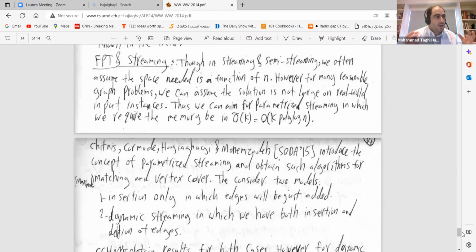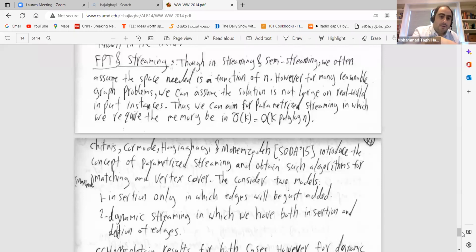For example, what is the general idea? When we talk about streaming algorithms, we had some stream, and we were talking about the space that we need to solve the problem. We talk about the minimum space, even for finding a cycle, we needed order n. And we had this semi-streaming.